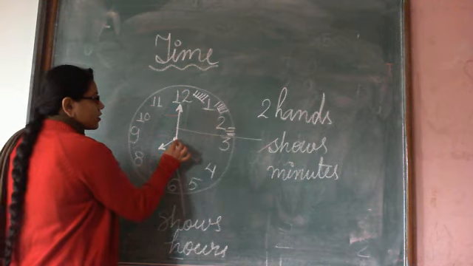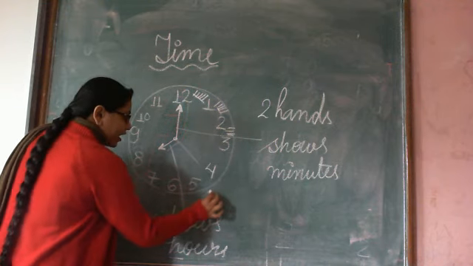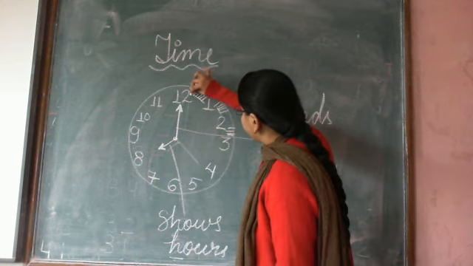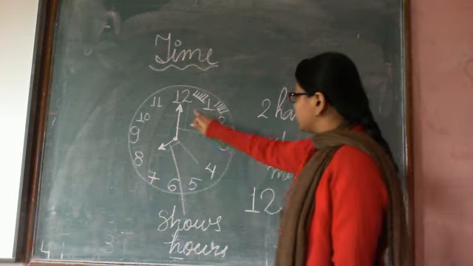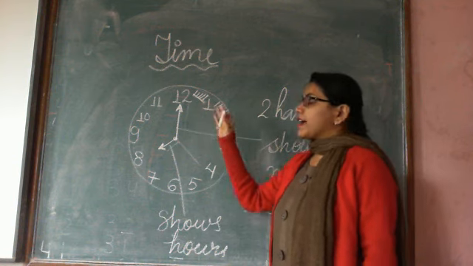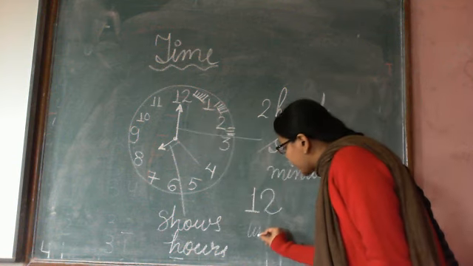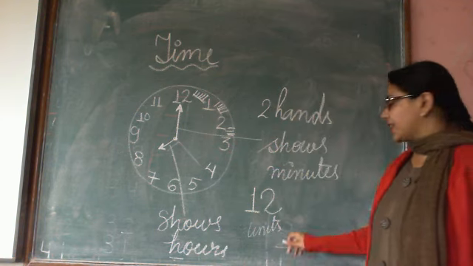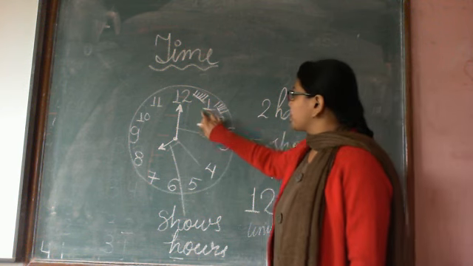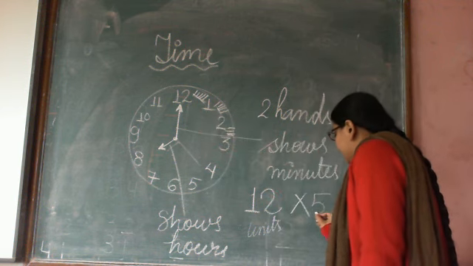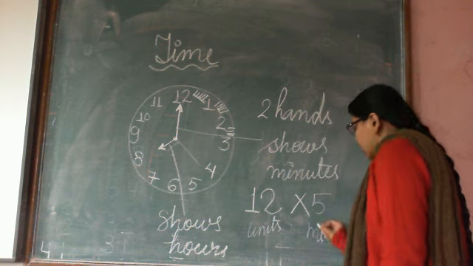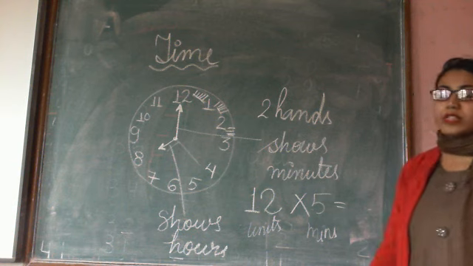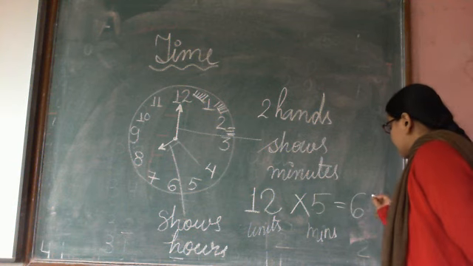So there are 12 numerals and the interval between each pair is 5 minutes. From 1 to 12, 12 units are there, and each interval is of 5 minutes. 12 into 5 is equal to 60.